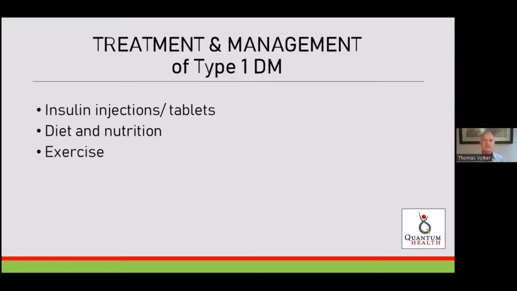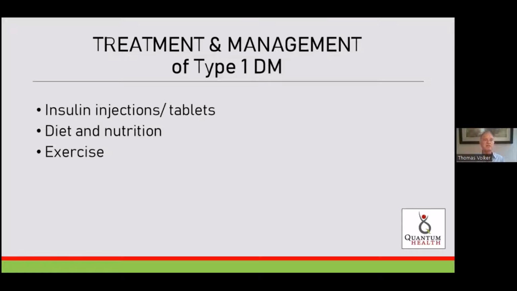So how do we treat or manage a type 1 diabetes mellitus? First of all, because insulin is no longer produced, such people do need to have insulin injections or tablets or patches. There are different forms of administering that insulin on a daily or regular basis to enable the person to live a normal life.